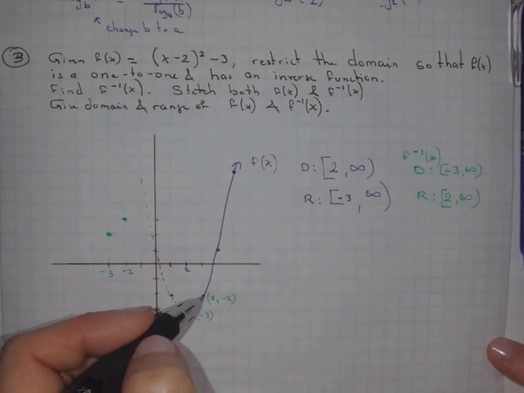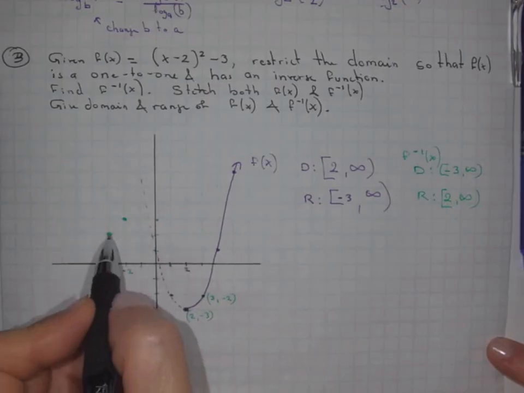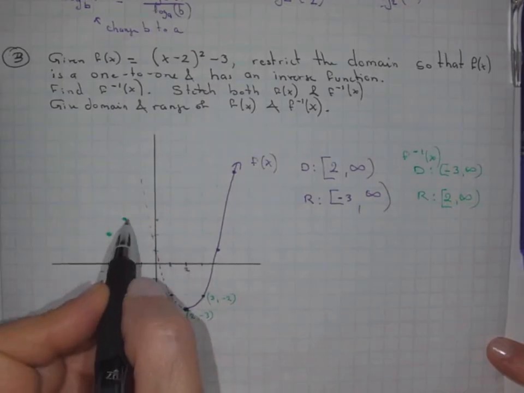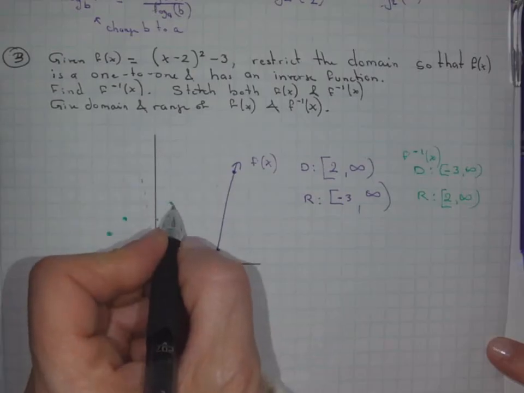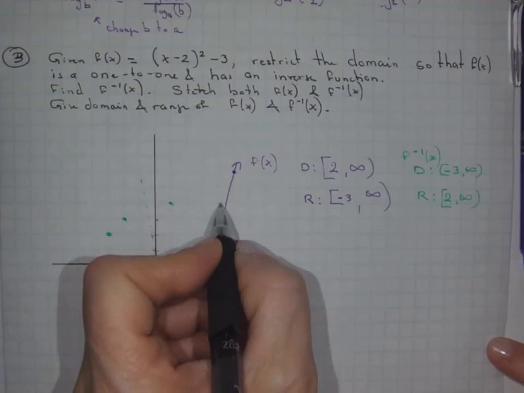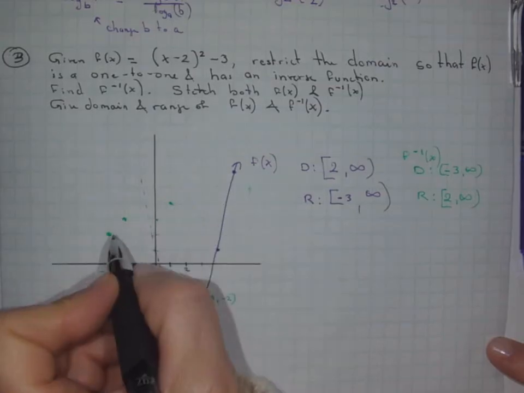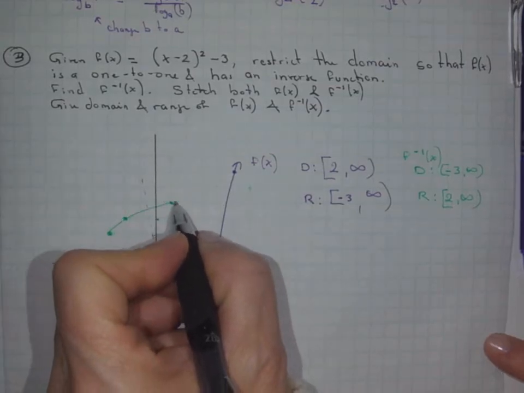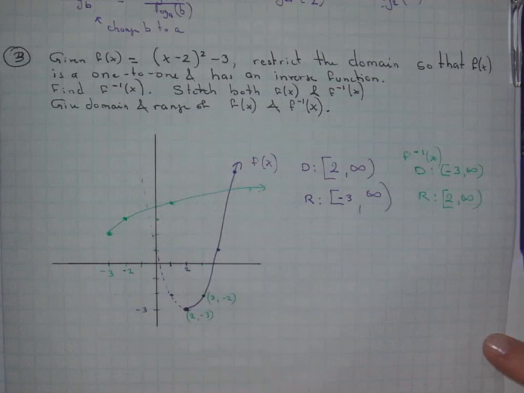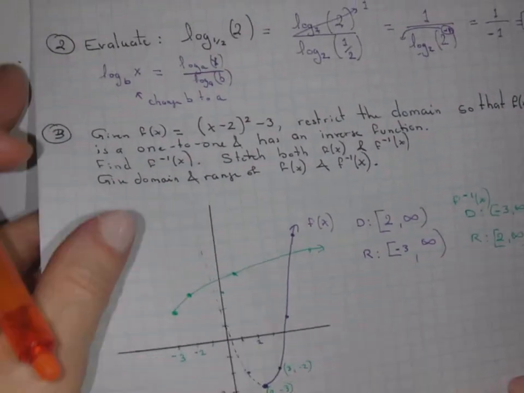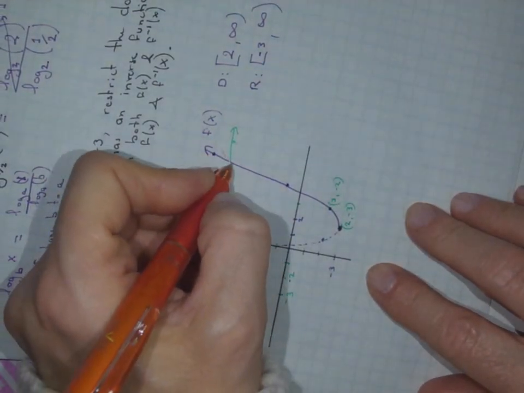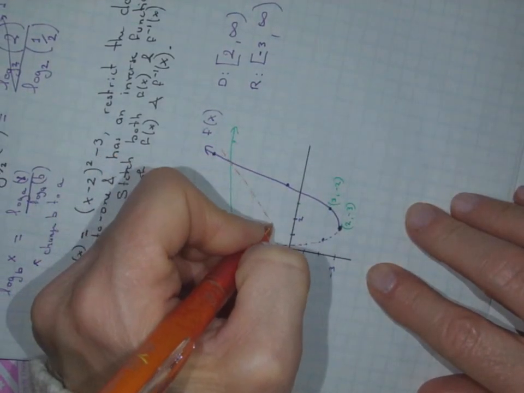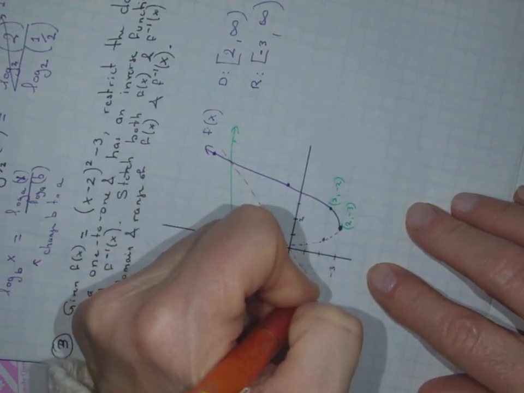And then I can do one more point, but I could really count, right? 1 over 1, and then it will be 3 over 1. So I will be here, and then 5, 1, 2, 3, 4, 5 over 1. So that will be my graph of the inverse. And then if you want to check, right, put your line of symmetry down, which should go right there.